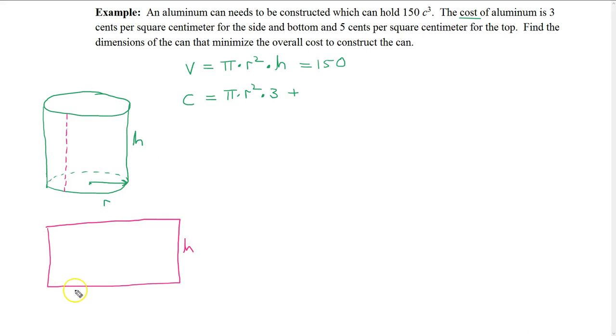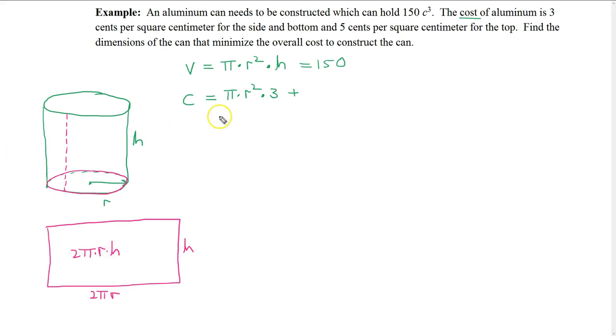And the length of this rectangle is going to be the circumference going around the circle here. That's going to be the length of this side right here. So what's the circumference of a circle? Well, it's pi times diameter, or 2 pi r. So the area of the side is 2 pi r h.